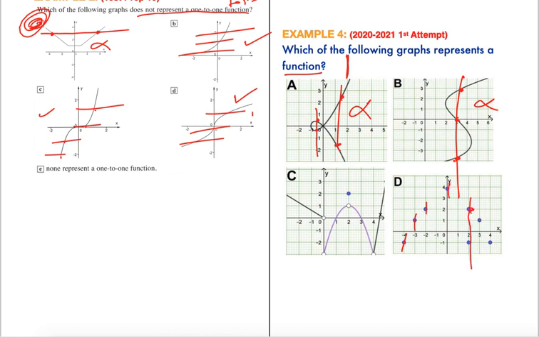At this point, the vertical line will intersect the graph twice, so it doesn't represent a function. Here in option C, once, none, once, once, once, none, once. So in option C, our vertical lines are intersecting the graph at most once. So that option represents a function.